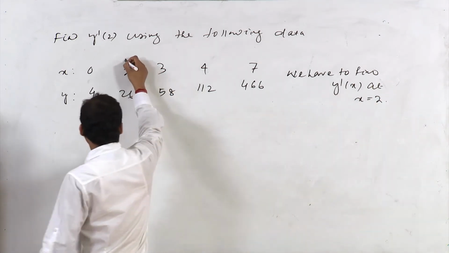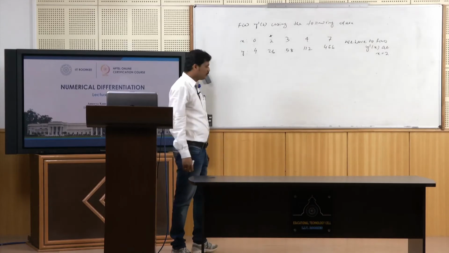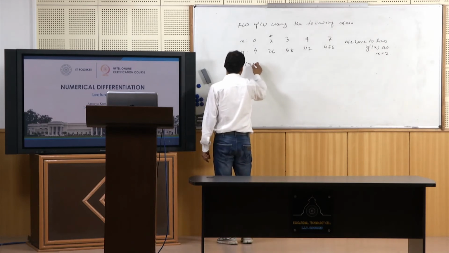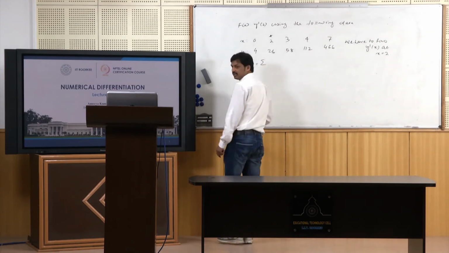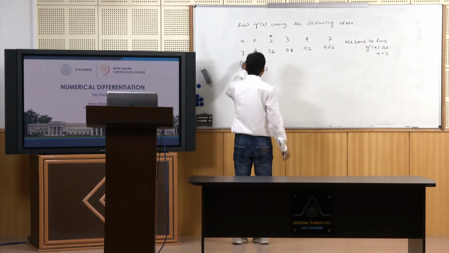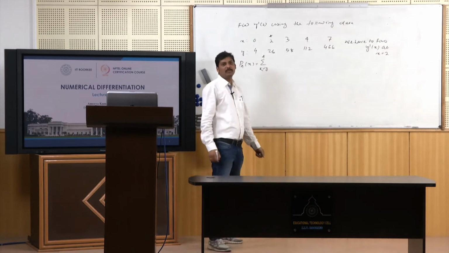Obviously 2 is a tabular point here, and if we use Lagrange interpolation, the formula can be written as Pn(x) equals summation k equals 0 to 4, since there are 5 nodal points, which generates a polynomial of degree 4.